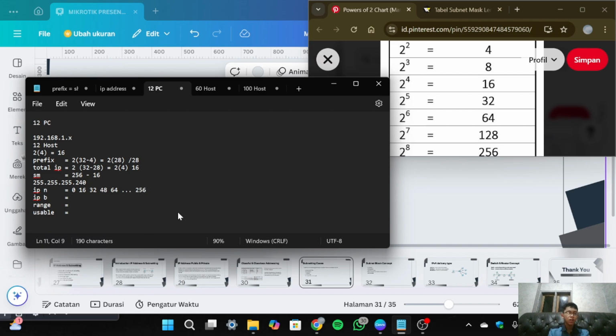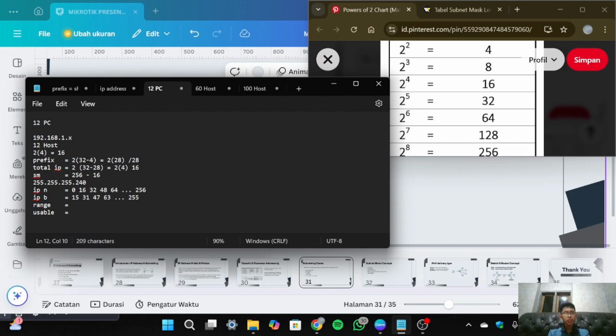And for the IP broadcast, you choose the second value of the IP network, which is 16, and you must subtract 1. So the IP broadcast is 15, and then 31, 47, 63, until 255.